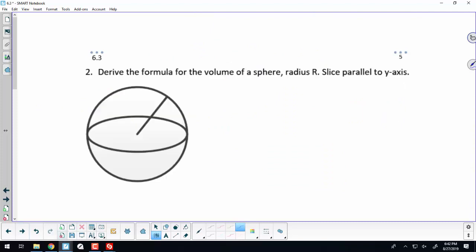Okay, then I want to look at the same approach. See if we can derive the formula for the volume of a sphere, radius capital R, and we want to slice our cross sections parallel to the y-axis. So our cross sections are these little rectangles here.